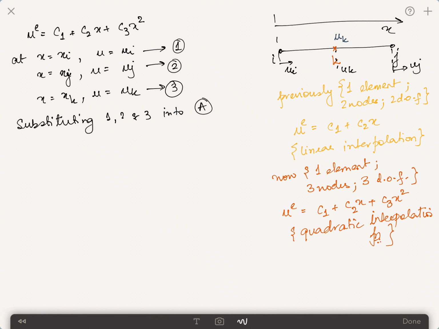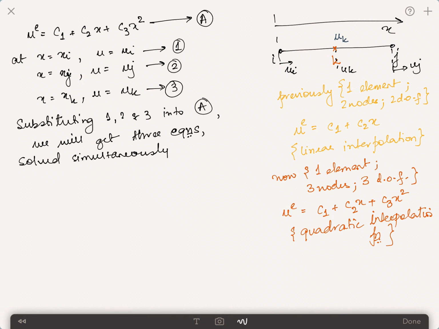So by substituting these three conditions 1, 2 and 3 into equation A, which is here, we will get 3 equations solved simultaneously to give us u of element is equal to shape function ni times ui plus shape function nj times uj plus shape function nk times uk.